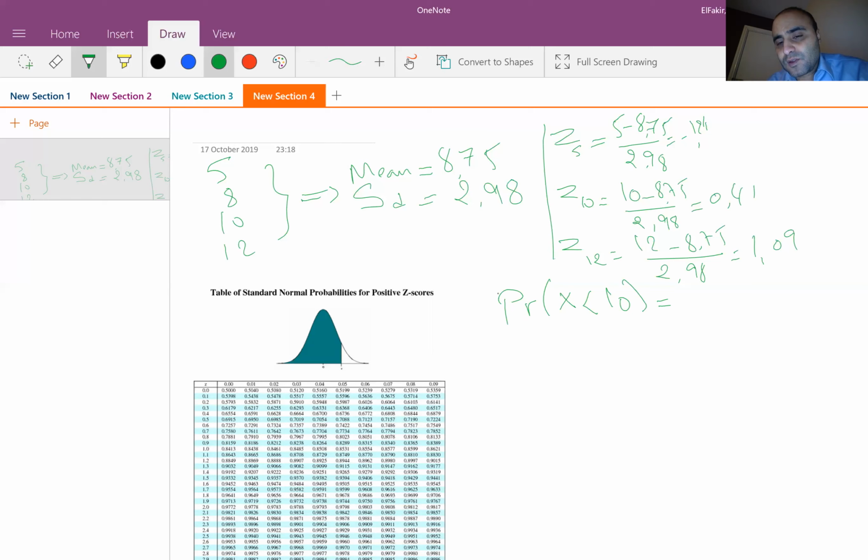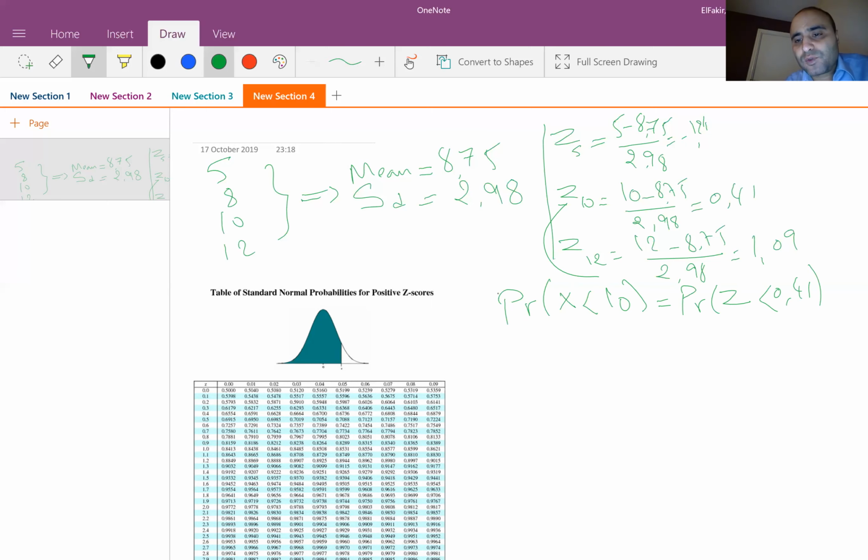Okay, so that is very simple. That is the same as the probability that Z is less than... what is the Z for 10? We found it already. This one, less than 0.41.